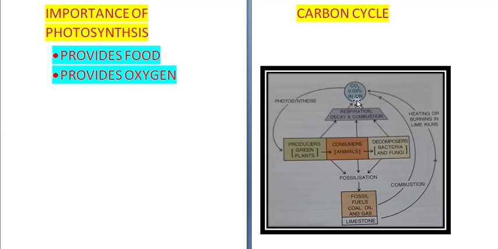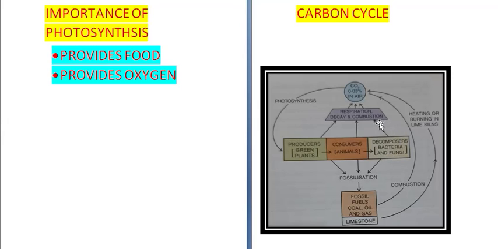Decomposers: the dead remains of plants and animals are consumed by bacteria and fungi, which are called decomposers. In this process they break down the organic matter and release carbon dioxide back into the atmosphere. Combustion is the process of burning.